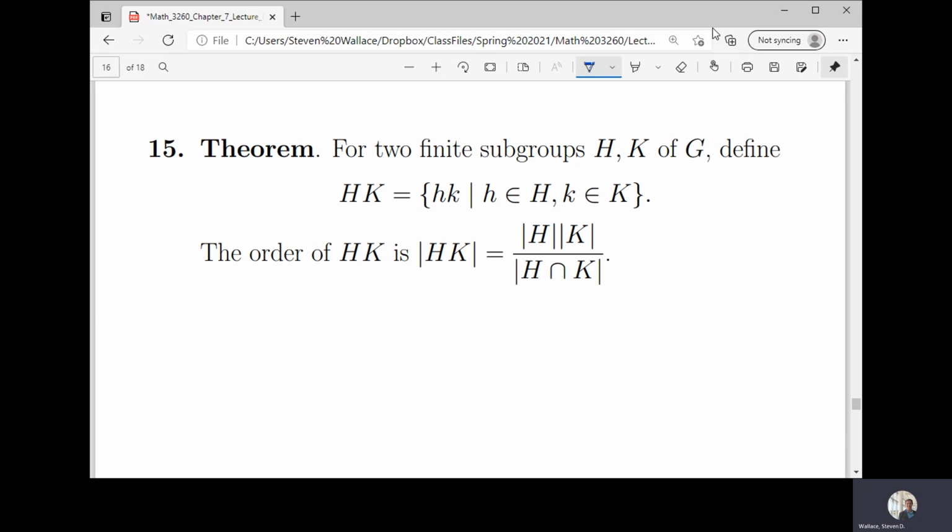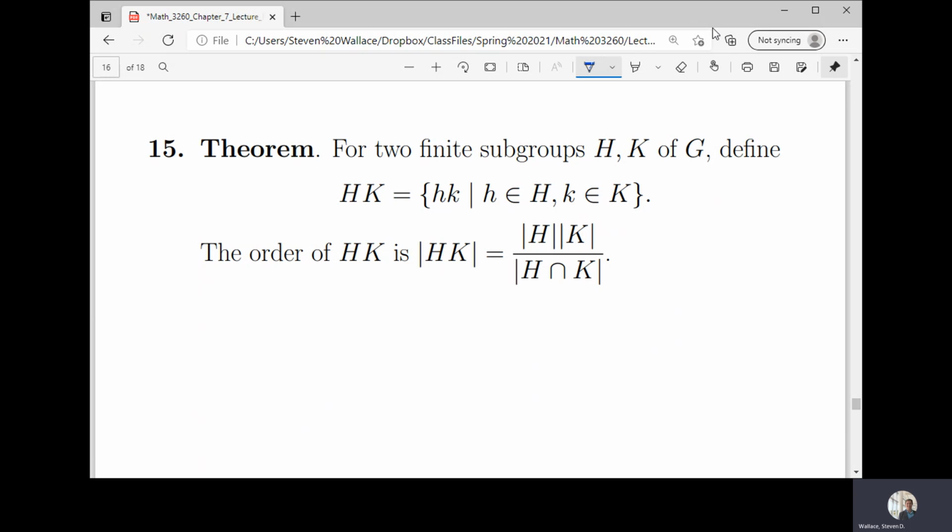If you take two subgroups and multiply them, meaning all symbols that look like HK, where H and K are both in the respective subgroup, this forms some subset of G. You count up the number of elements, and it has this formula right here.